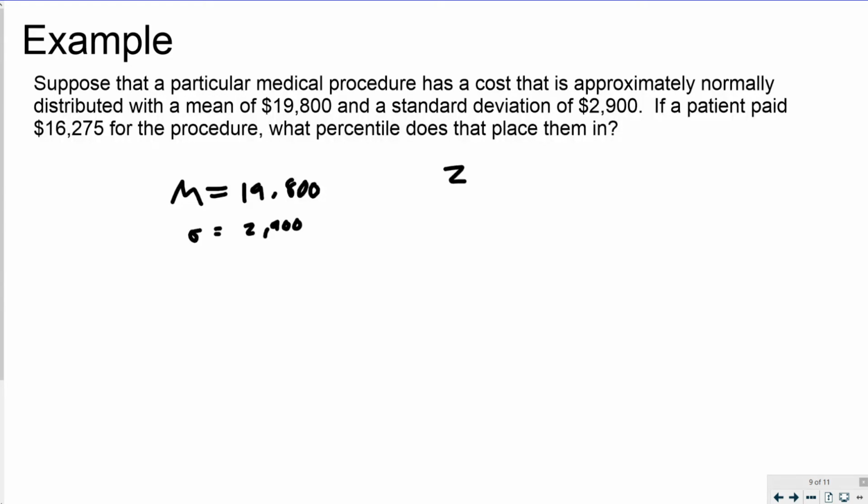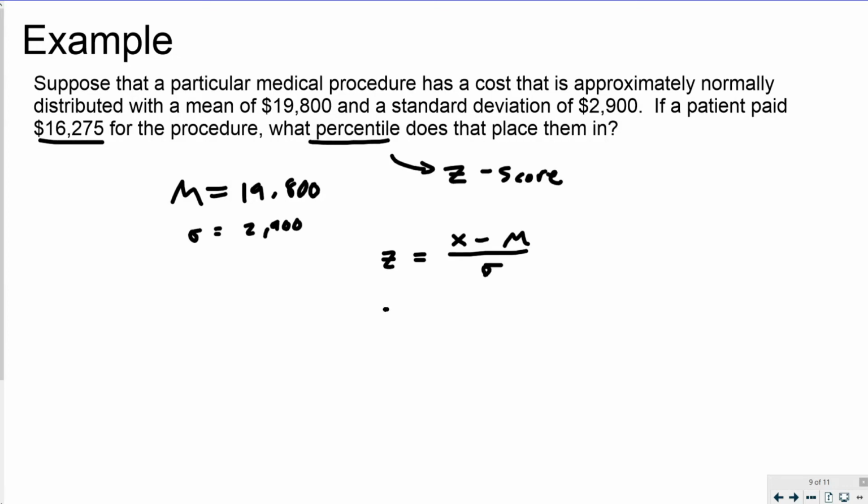This is where Z-scores come into play. If you are given a data point like this and asked about percentile, that is a kicker for Z-scores. So we're going to use the Z-score formula. Z is equal to the data point, which is X, take away the mean, divided by the standard deviation.